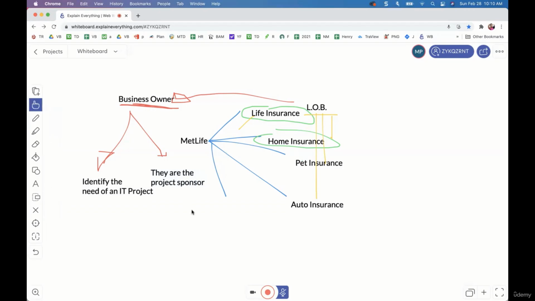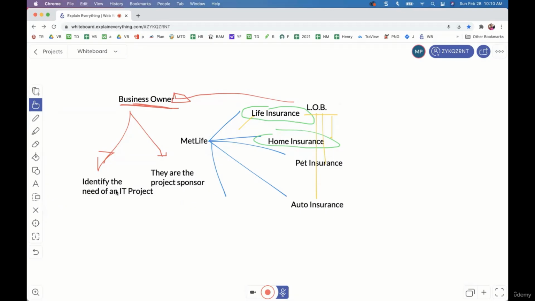What does this mean? They are the project sponsor. What do you understand by that? They're the one who is going to finalize, for example, if we want to invest in a software.